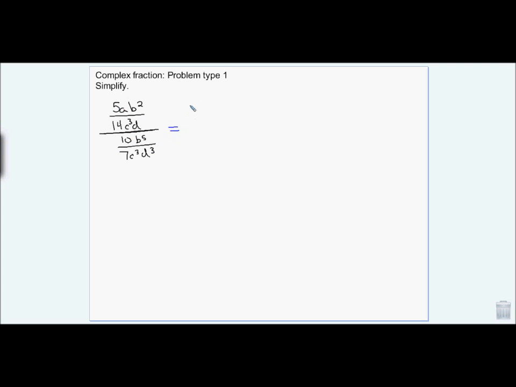So I'm going to rewrite this as division, and then convert it to multiplication, which means I multiply by the reciprocal or copy dot flip.